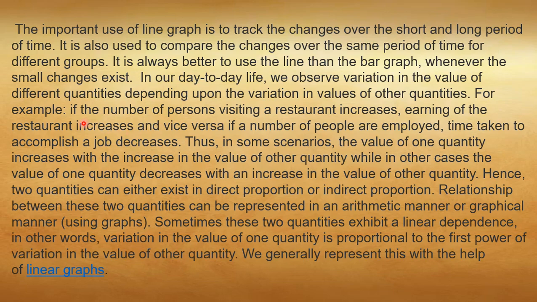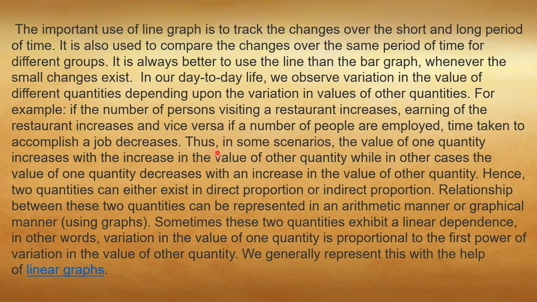Let us see an example. If the number of persons visiting a restaurant increases, then the earning of that restaurant also increases, or it can be the reverse, that if the number of people visiting the restaurant decreases, the earning of that restaurant will also decrease. Similarly, if the number of people employed increases, then the time taken to accomplish a job will decrease.